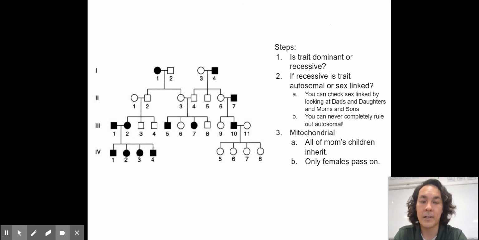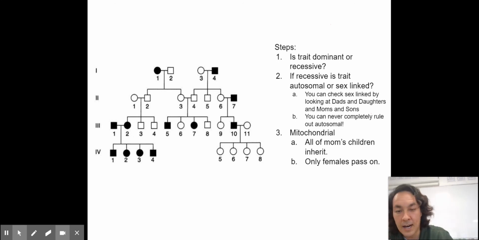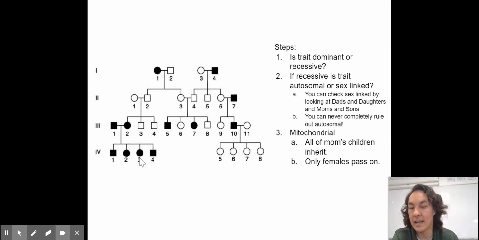And this is the fun part, right? You can look at moms and sons and dads and daughters. This mom, if it's sex-linked, will pass it down to all of her sons, because the sons get a Y from dad and an X from mom. So if a mom has an X-linked disease, all of her sons must inherit it.